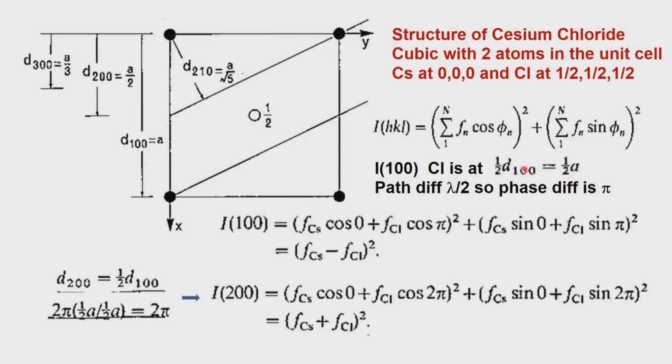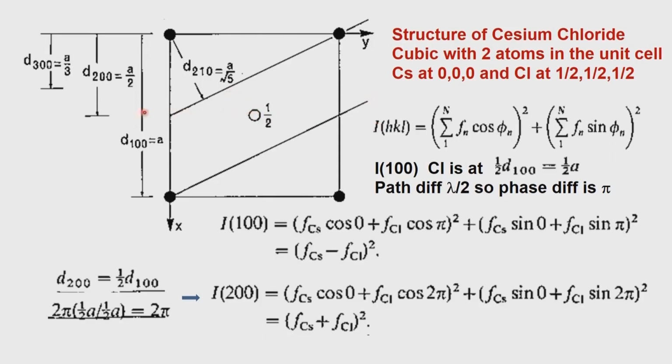For the first plane, which is now at 1 0 0 in this direction, the path difference is lambda, and therefore the phase difference is 2 pi, whereas the atom is now at a half position. So we have to take the ratio of big D of HKL to small d of HKL. What is big D of HKL with respect to chlorine?